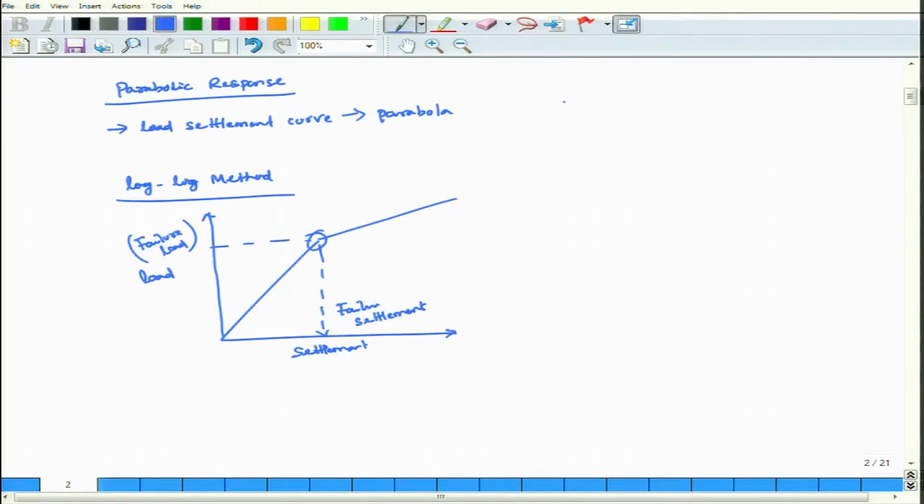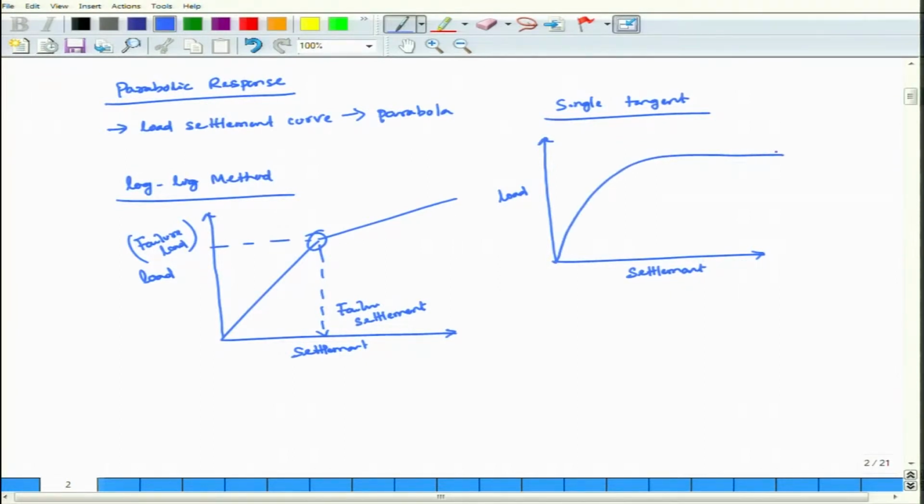Then single tangent, where you apply a single tangent. If I plot it, load versus settlement, this is load, this is settlement, my curve should come in initially linear.